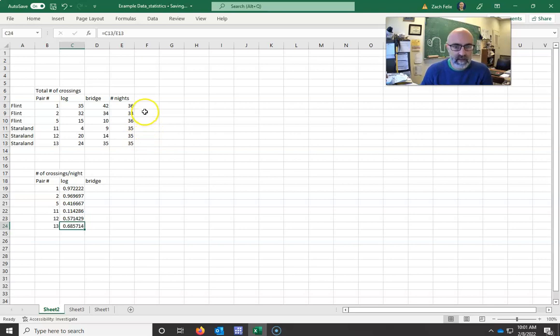Now that I'm thinking about this, we may have a number of nights that's separate for the log and the bridge. So in the end, this might be number of nights for logs, and this is number of nights for bridge.